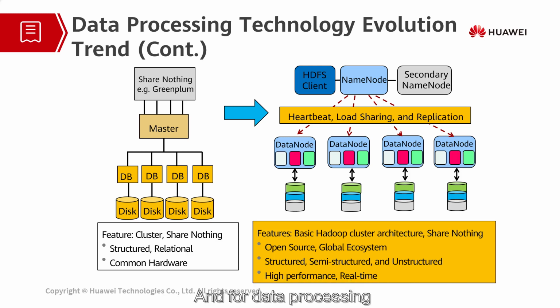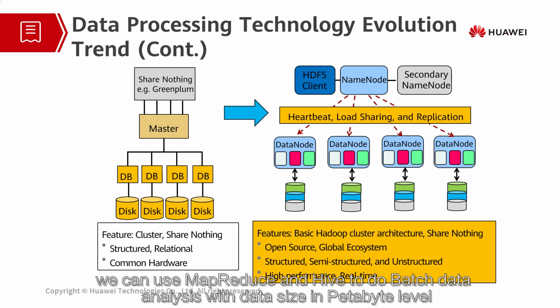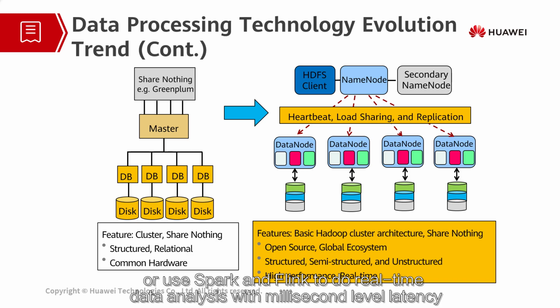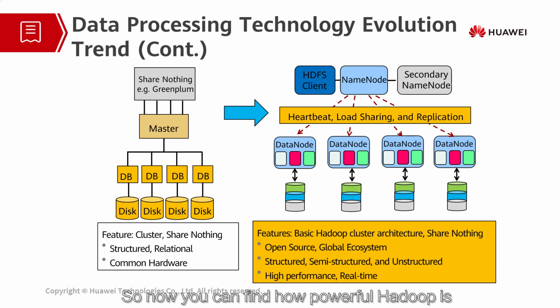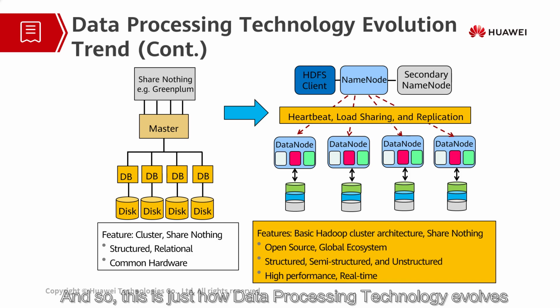And for data processing, we can use MapReduce and Hive to do batch data analysis with data size at petabyte level, or use Spark and Flink to do real-time data analysis with millisecond level latency. So now you can see how powerful Hadoop is. And this is just how data processing technology evolves.